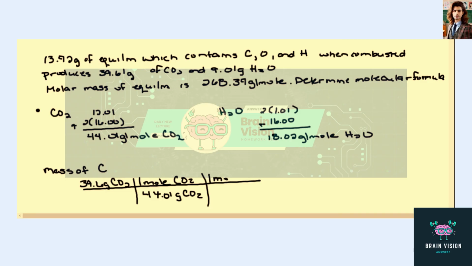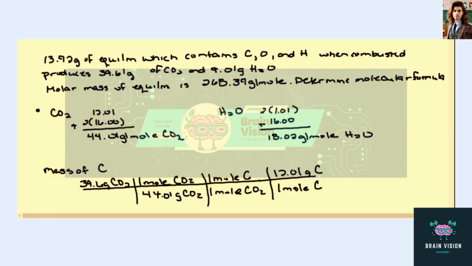We have 1 mole of carbon for 1 mole of CO2. And we know that carbon is 12.01 grams of carbon for 1 mole of carbon. Okay, so let's see if our units cancel out.